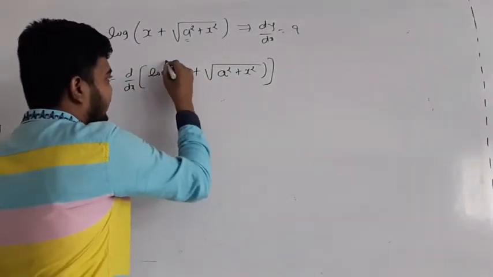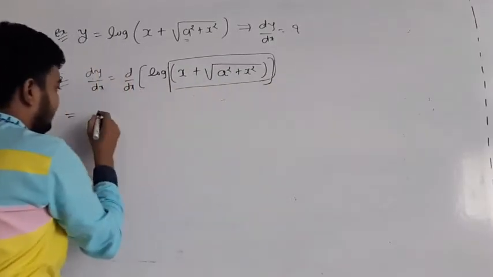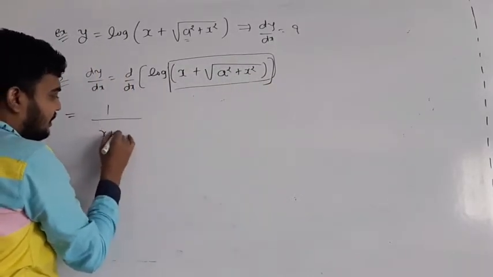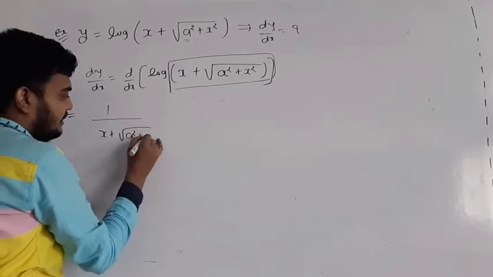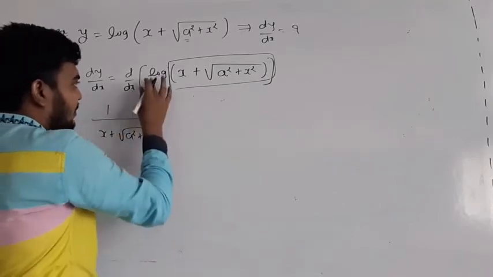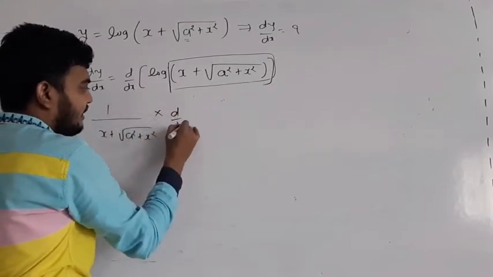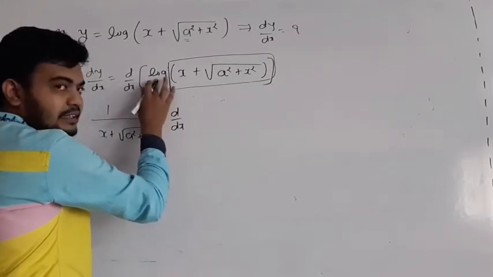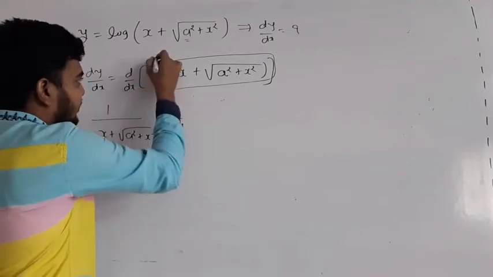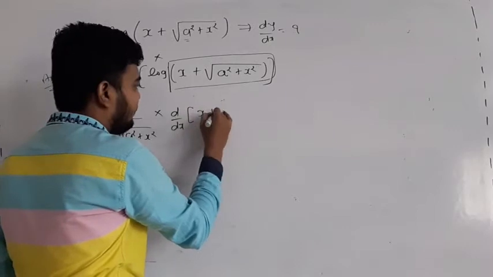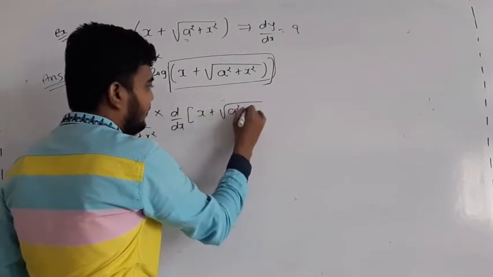So the derivative of log of this is 1 by this whole thing, x plus under root a square plus x square. The derivative of this log is completed, so cancel this function. Now the remaining derivative is d by dx of x plus under root a square plus x square.